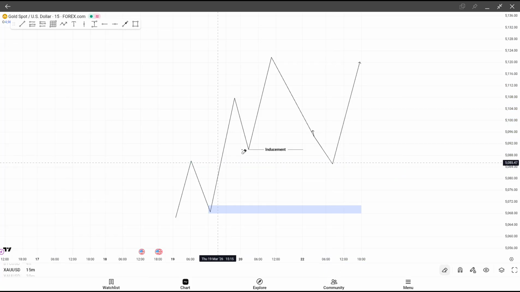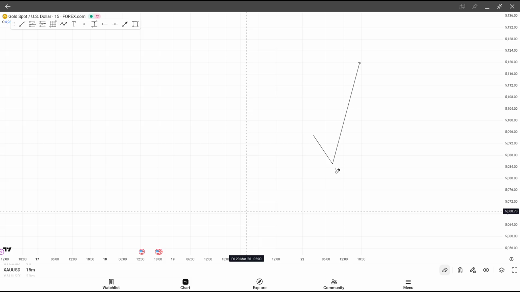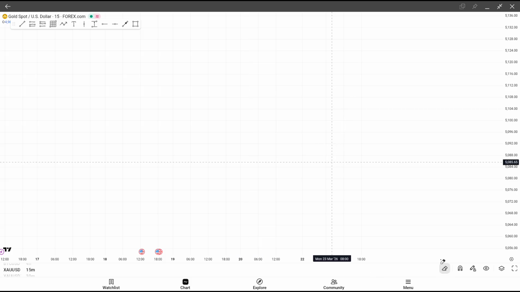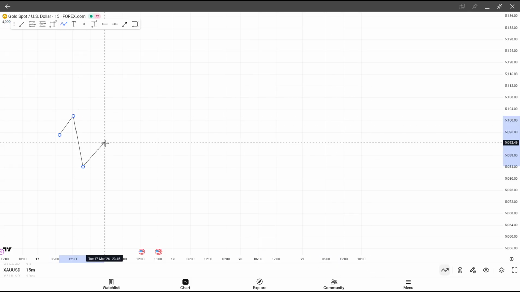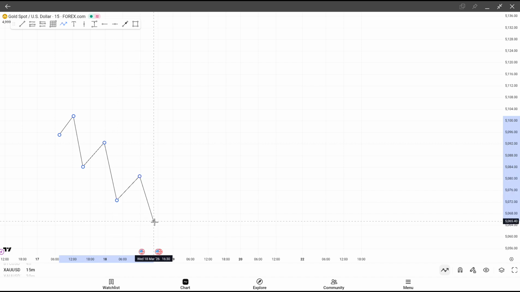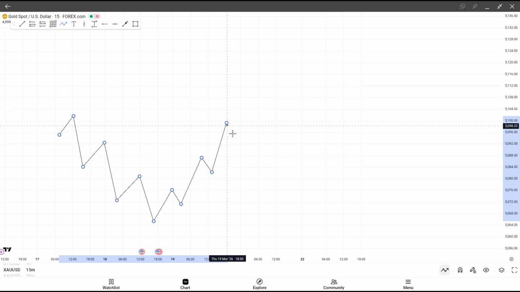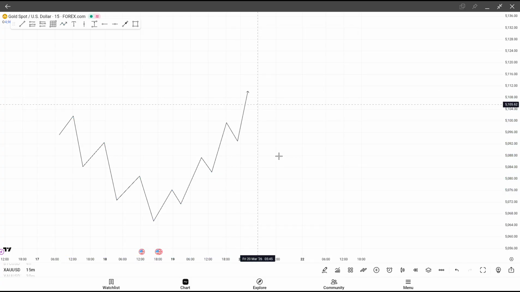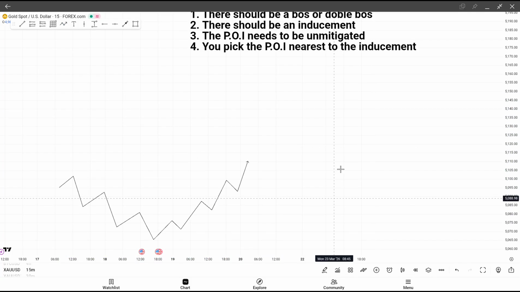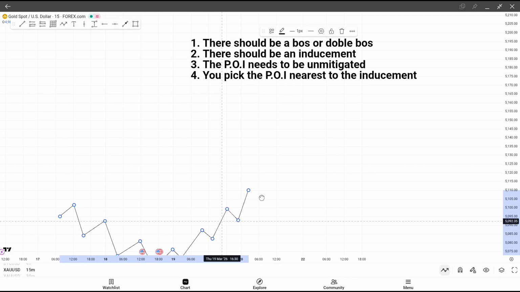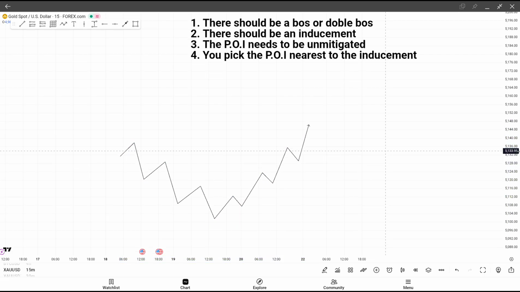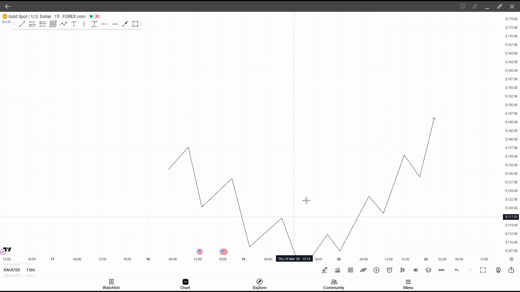Okay, let's go again, for example, with a double break of structure, because I want you to see as many examples as possible. Let's say we have a previous bearish market, and we have a double break of structure here. The first rule says there should be a break of structure or a double break of structure.